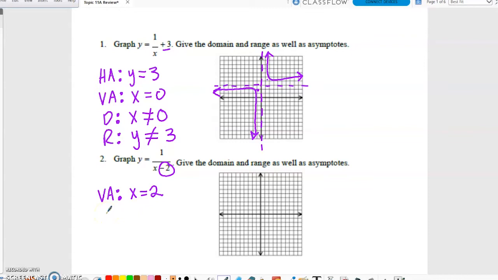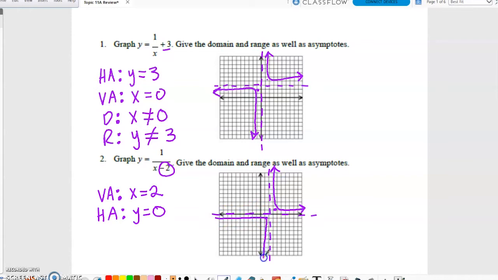We do not have a shift up or down, so my horizontal asymptote is going to stay at y equals 0. So y equals 0 is my x-axis. And then x equals 2 is right here. Do not have a stretch or compression or a reflection, so go ahead and just draw like so.